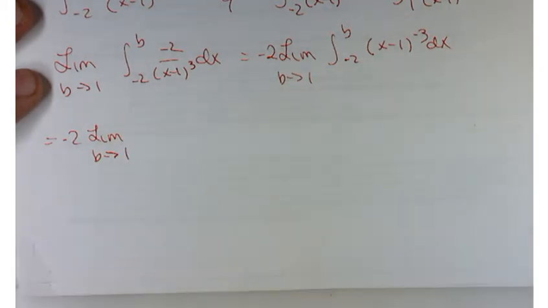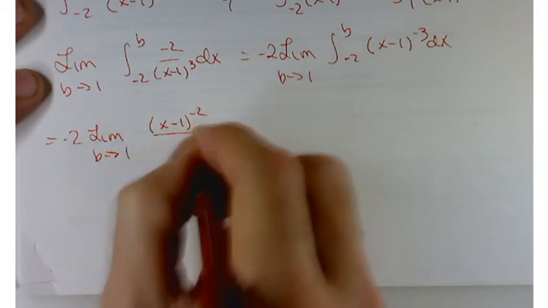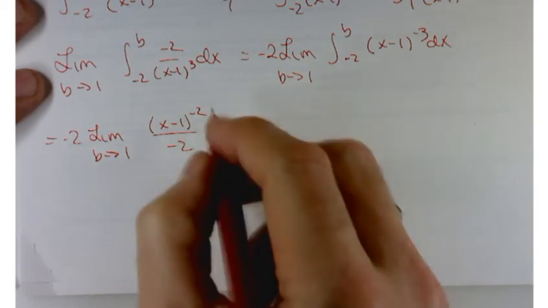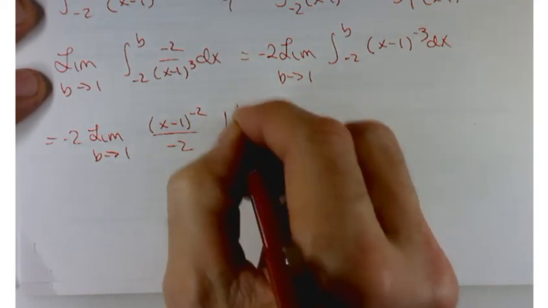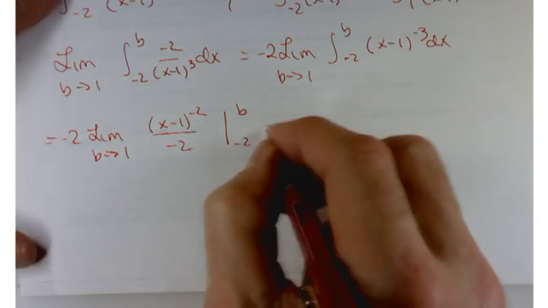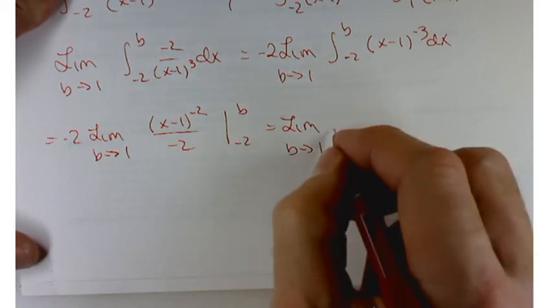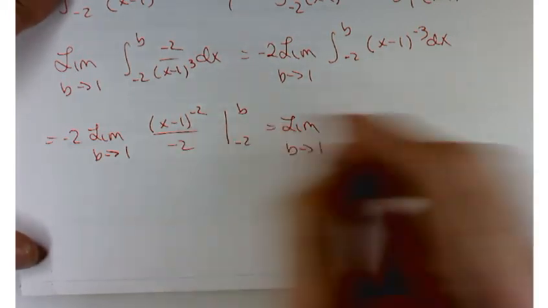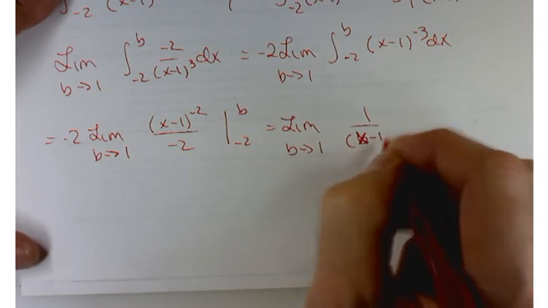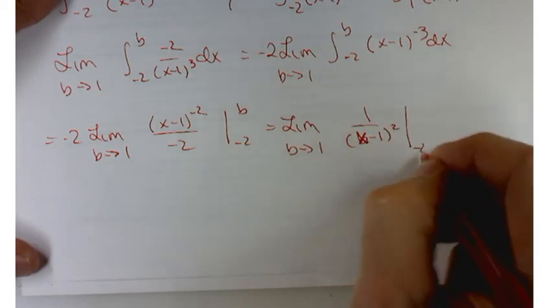So that'll give me x minus 1 to the negative 2 divided by negative 2. Add 1 to the exponent, divide by the same exponent. Between negative 2 and b, we get some nice cancellation. So this is going to be the limit as b approaches 1 of, let me rewrite that as 1 over (x minus 1) squared between negative 2 and b.